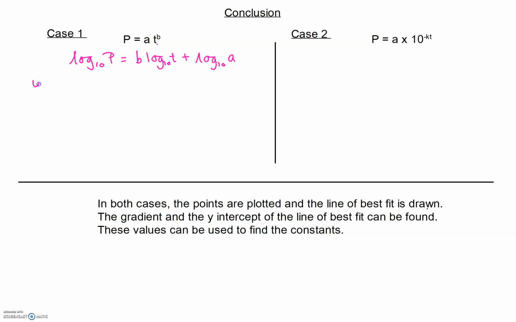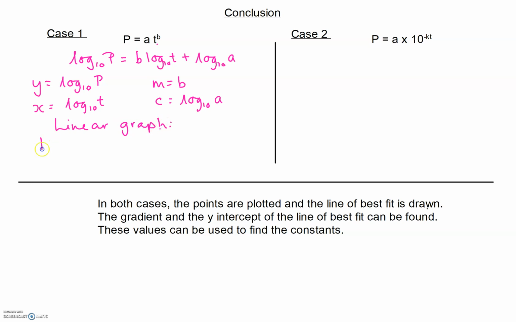What this means is that we had that y equals log to the base 10 of p, that x was log to the base 10 of t, that m was b, and that c was log to the base 10 of a. And the linear graph that we drew, we were plotting log to the base 10 of p against log to the base 10 of t.